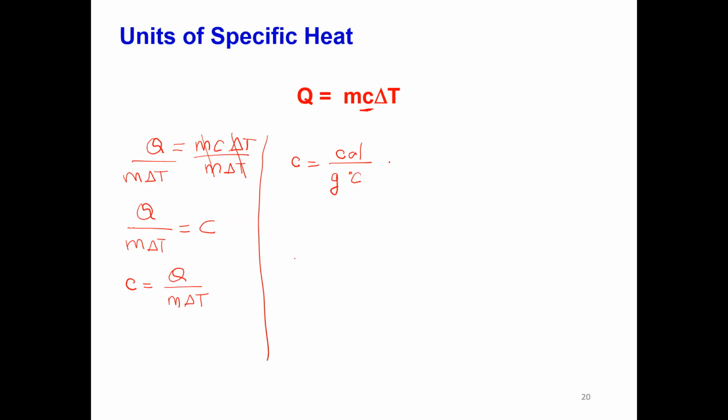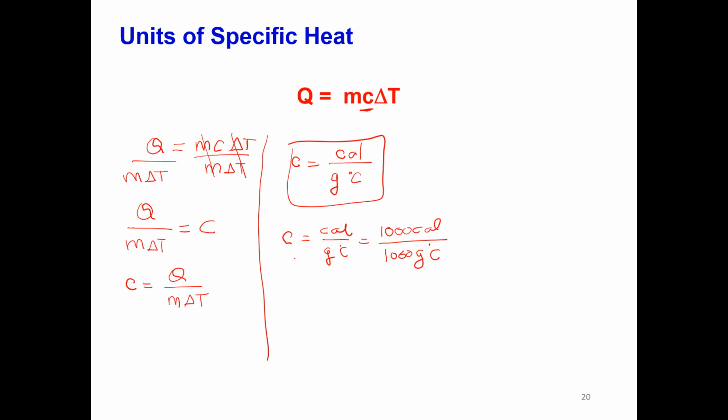I want to show something. These are units. I want to show also, we have this, which is one of the units for specific heat. If we multiply by 1000 and we divide by 1000, we are not changing anything because 1000 divided by 1000 equals 1.